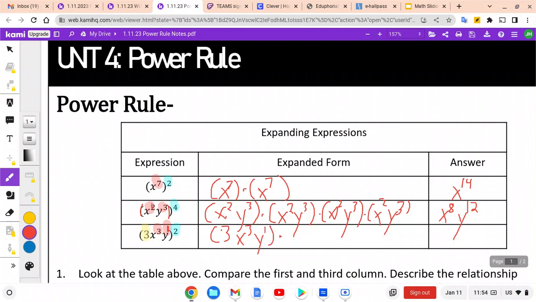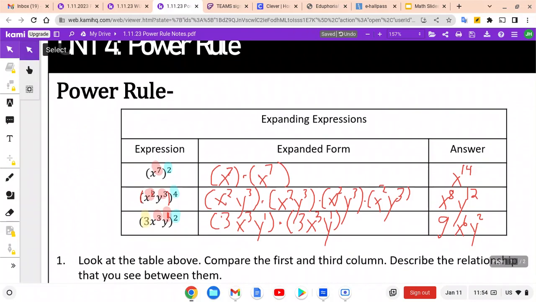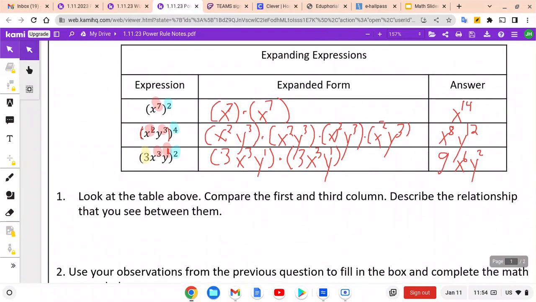Let's go ahead and put a 1 there. If you collect all the x's, that's 6 x's, 2 y's, and then 3 times 3 is just 9. 3 and 3 are just regular coefficients, so you just multiply them.